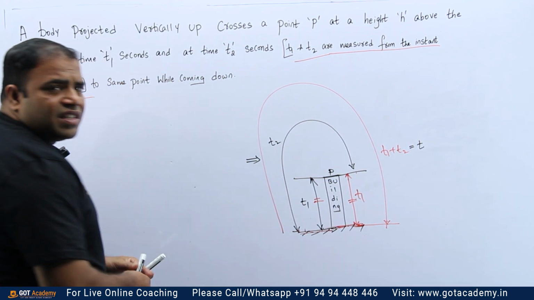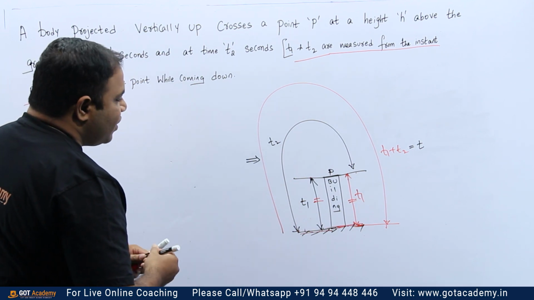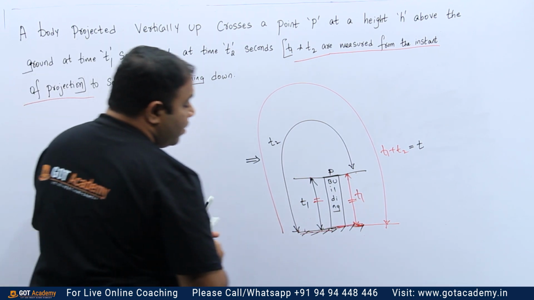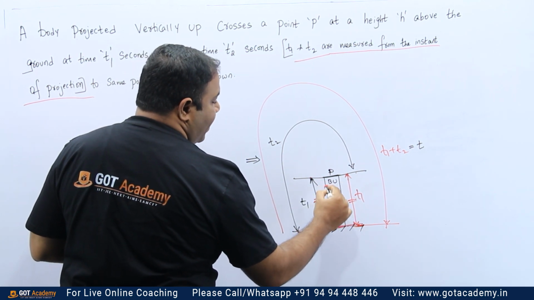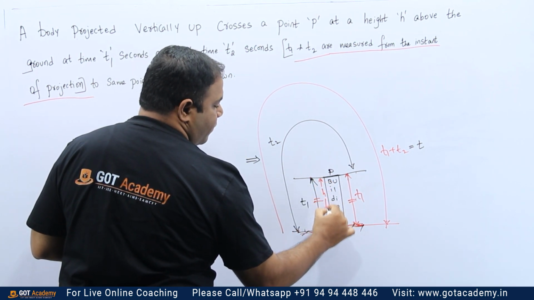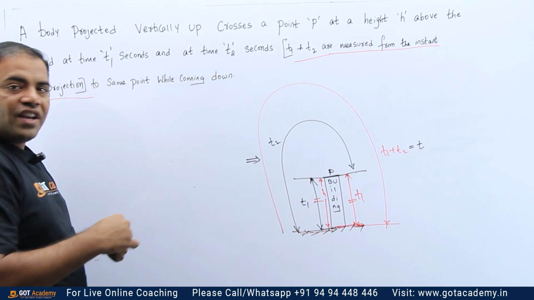So let us write down its basic equation. What is that basic equation? So what is the height of the building? Height of the building is h.